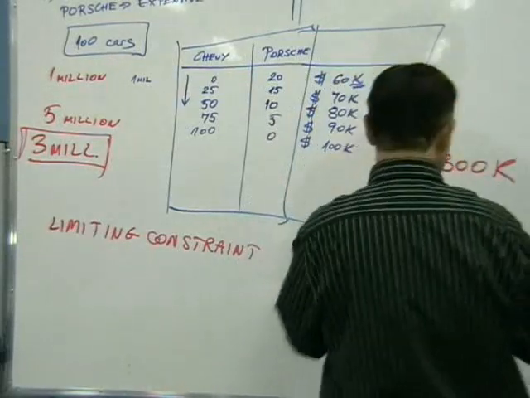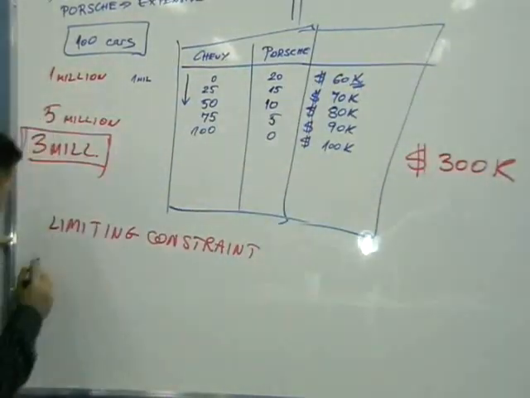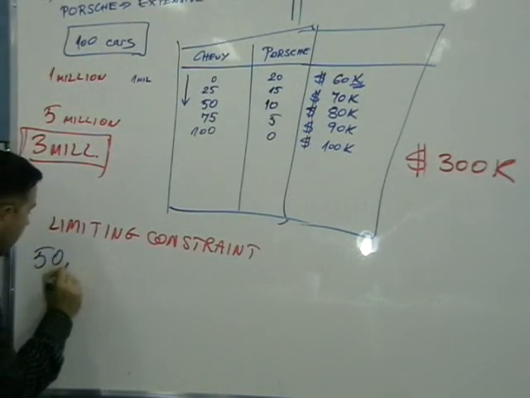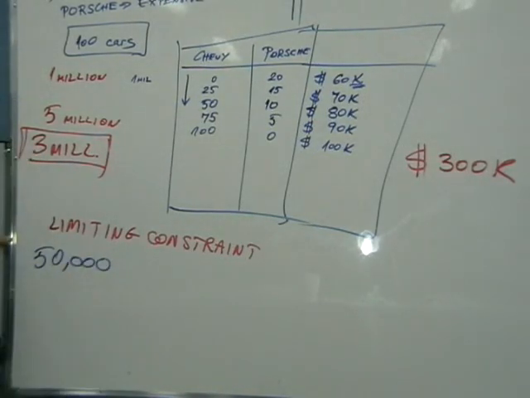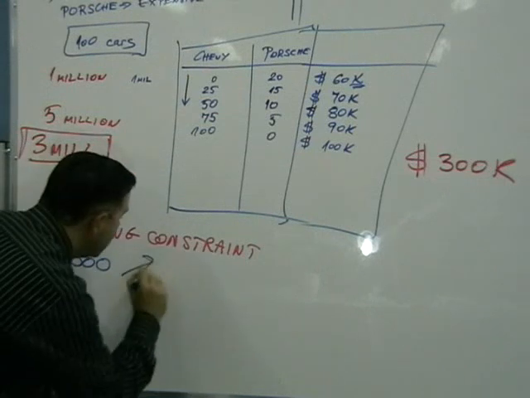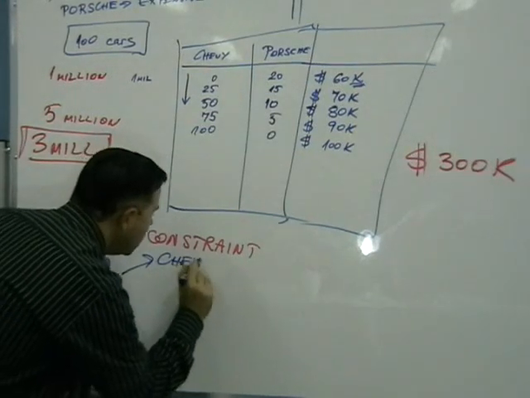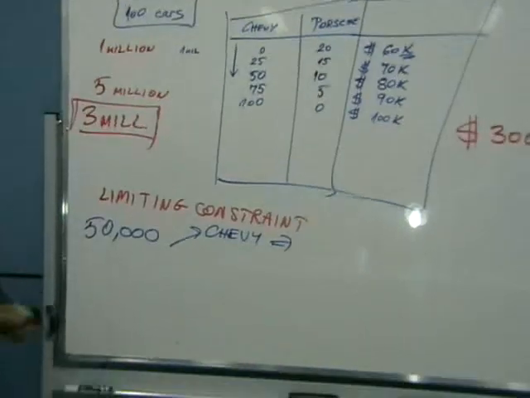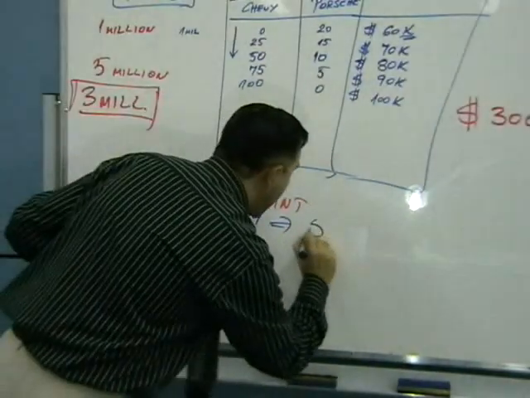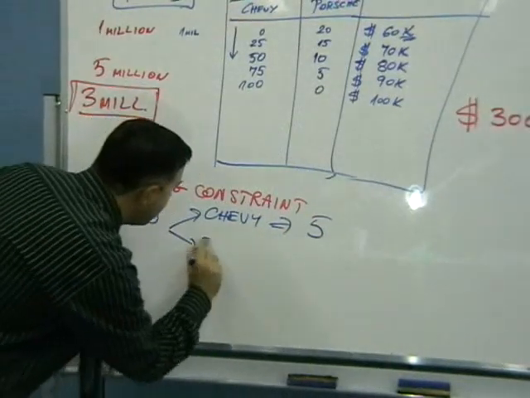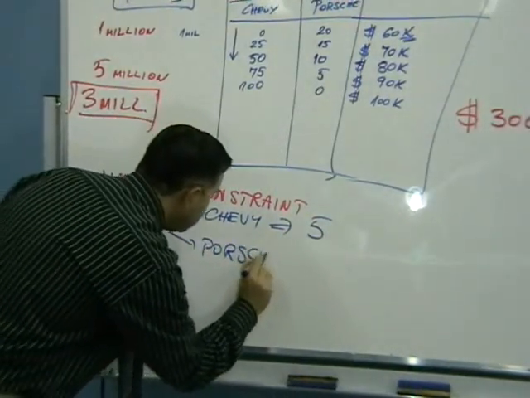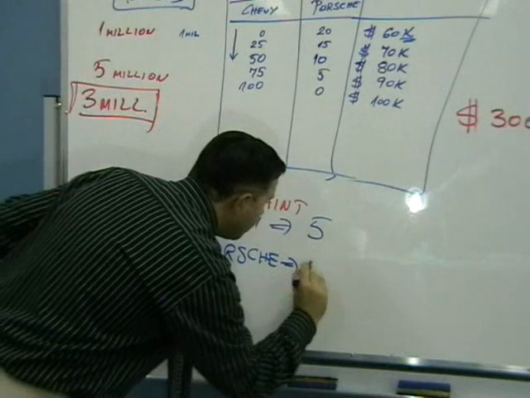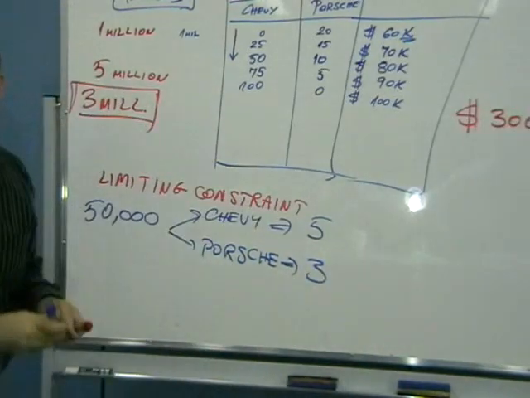In other words, if you have only $50,000 and you use only Chevy, your profit with 50,000 is 5. And if you use only Porsche, your profit is 3.